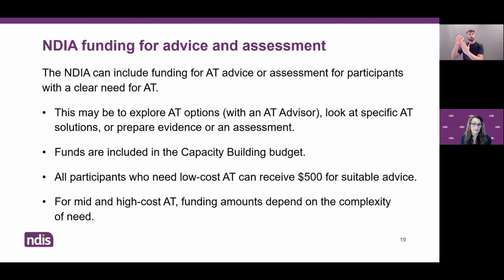For low-cost AT, $500 is funded in the capacity building budget for advice or assessments to help a participant choose the right item for them. For mid and high-cost AT, more funding is available for advice and assessments, and the AT advisor or assessor must provide written advice before the AT is purchased.